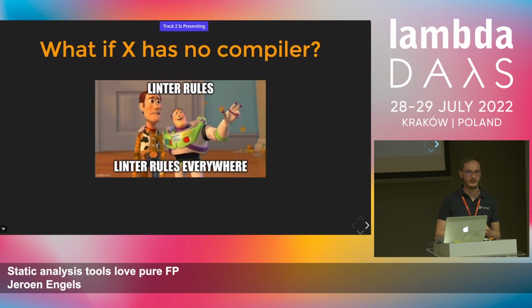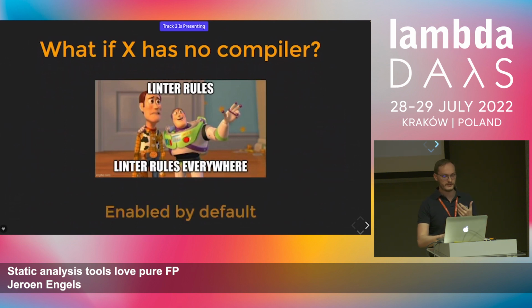One for checking undefined references, one for duplicate declarations, and so on and so on. And if you want your rules to be able to depend on those guarantees, all of these rules will have to be enabled by default. They have to come with the tool, and they have to be enabled, because otherwise potentially some rule is depending on that guarantee, and it doesn't have it.